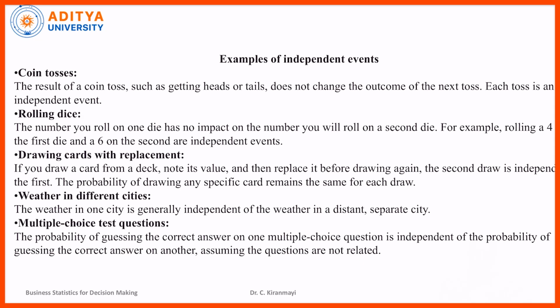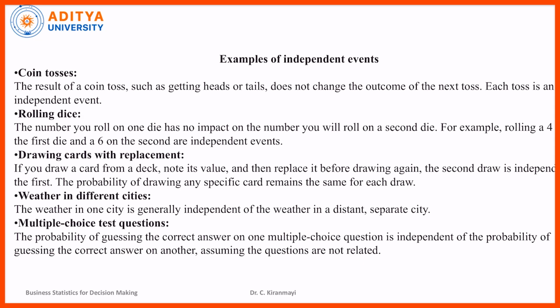If I replace the card in the pack and again select another card from the pack of 52, the probability of getting one card remains the same, that is 1 by 52. Here, the selection of a card in the second draw is not going to be impacted by the first draw. So, that is another example of independent events.